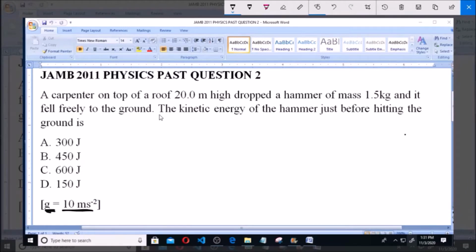Now what we are looking for here is the kinetic energy of the hammer, specifically the kinetic energy of the hammer just before hitting the ground.